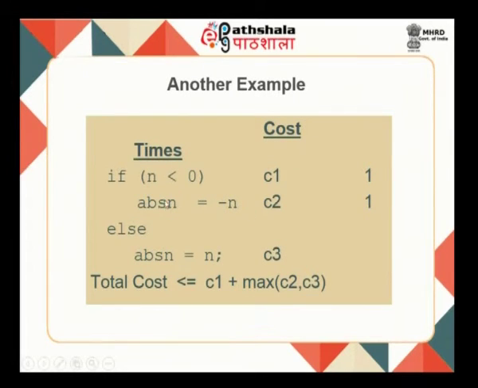The condition is checked at the cost of C1, and based on that, either this or this statement is going to be executed. Therefore, the total cost is going to be less than or equal to C1 plus the maximum of these two.